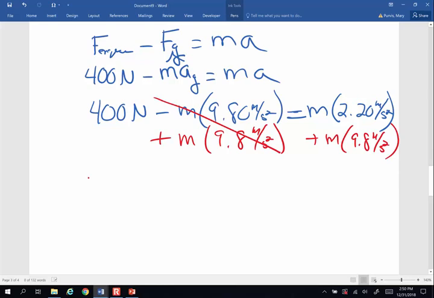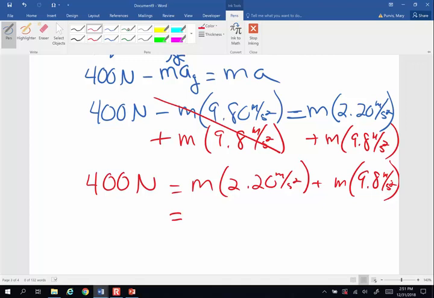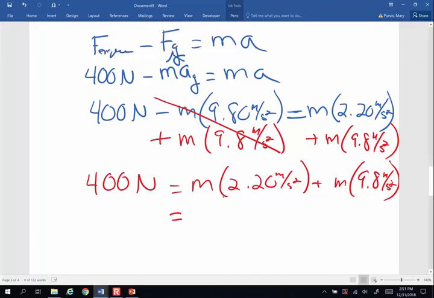Those are going to cancel. 400 newtons is going to equal mass times 2.2 meters per second squared plus mass times 9.8 meters per second squared. In order to solve for mass, I have got to isolate that term. So mass times 2.2 plus 9.8 is going to equal my 400 newtons.